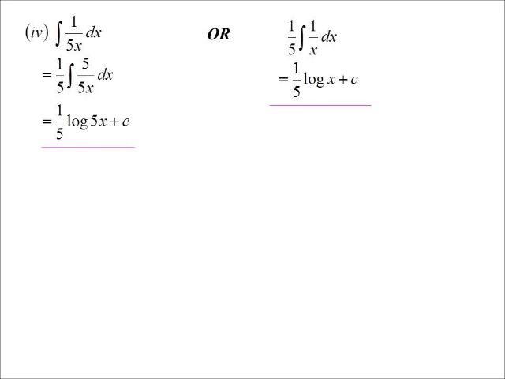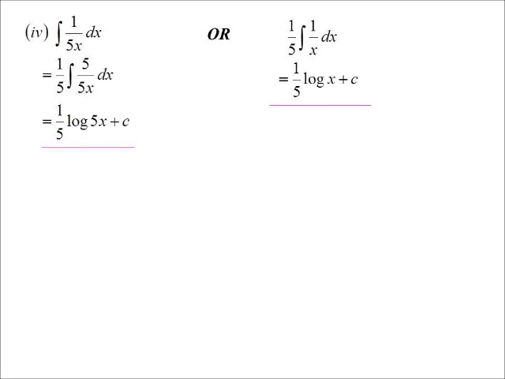They are actually the same answer. Why? Yeah, it's all to do with the constant. Whilst I put plus c on both of these, they're actually different constants. I could keep going with that 1/5 log of 5x. I could go, well, 1/5 of log of 5x plus a constant.